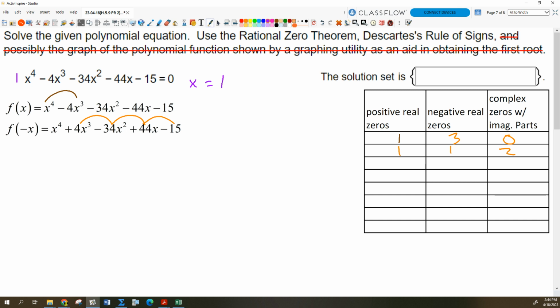What are our possible outcomes? 1 and negative 1, 3 and negative 3, 5 and negative 5, 15 and negative 15, right? So there's not that many. And if we get one positive real root that works, well, that's all we need is 1. Actually, no, we need 2, don't we? Because this is quartic. But if I get one positive one that works, I could cross all the other positive ones out because I know I only have 1, right? Make sense? Okay.